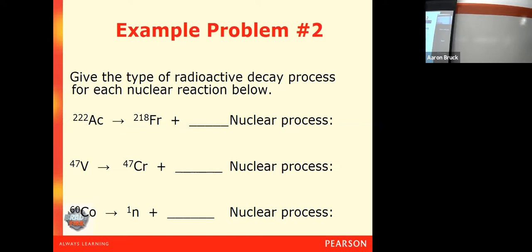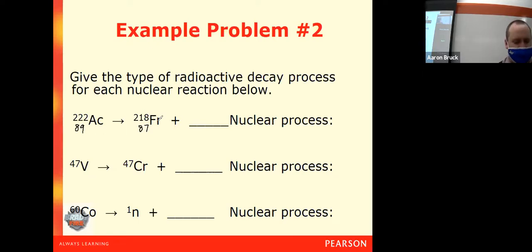So to do that, you're going to need a periodic table of some kind so that you can pull the atomic numbers as they come along. So for actinium, actinium is element number 89. Francium is element number 87.